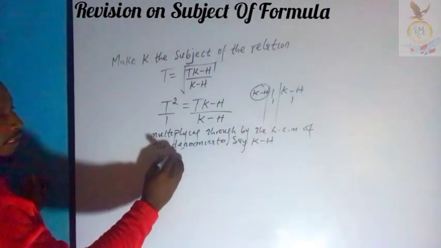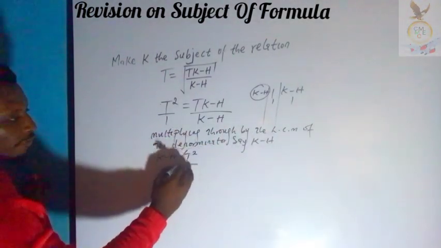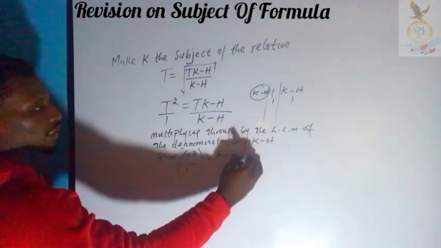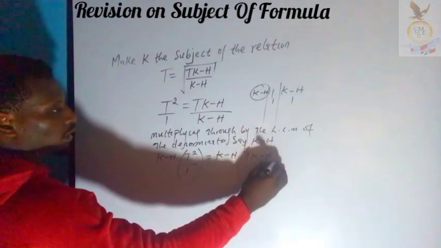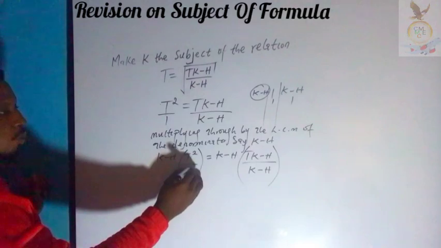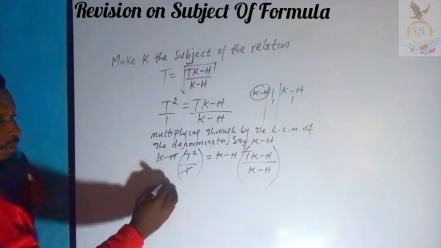So k minus h times t squared divided by 1 is equals to k minus h times t(k minus h) divided by k minus h.